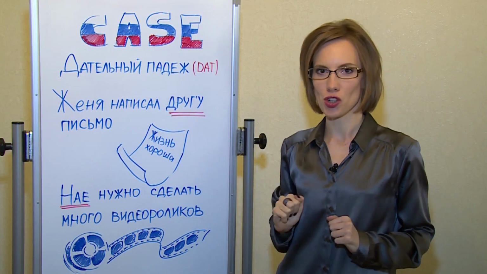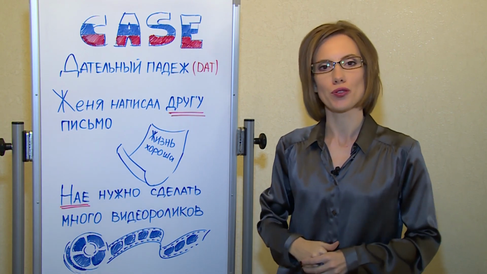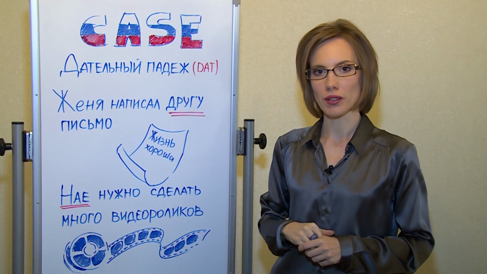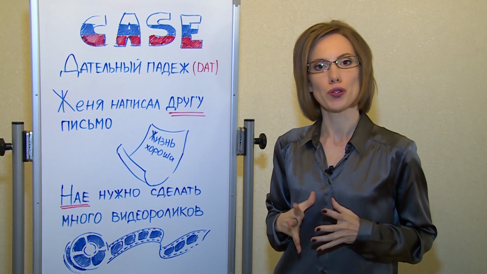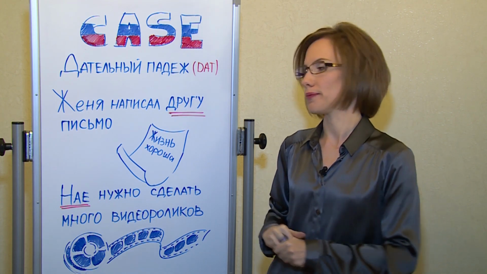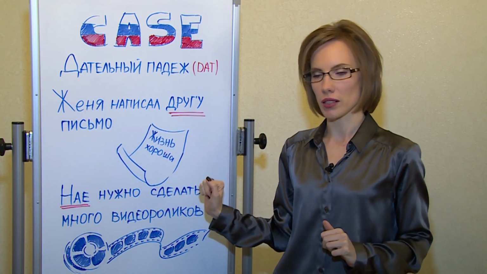Дательный падеж, dative case. It's about the indirect object. The term indirect object describes a place, person, or thing towards which the action of the verb is being performed. John wrote a letter to his friend.